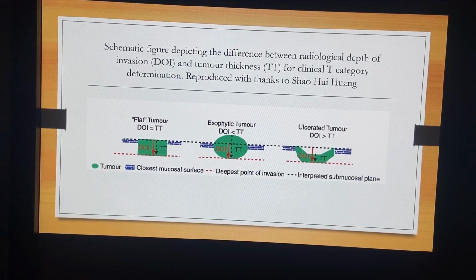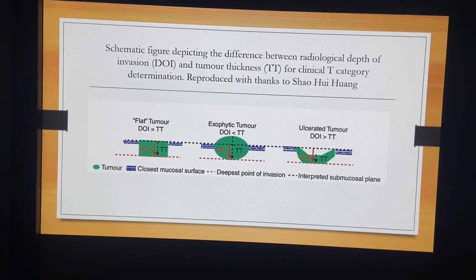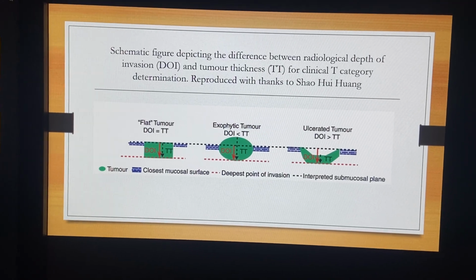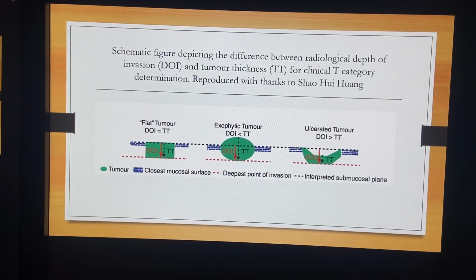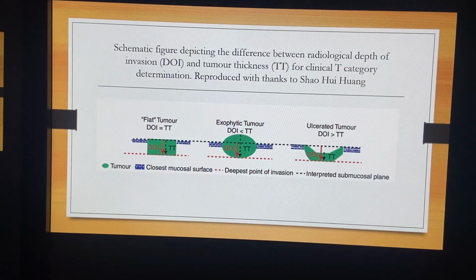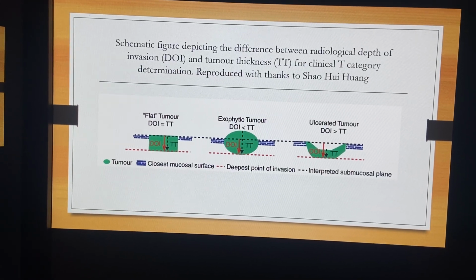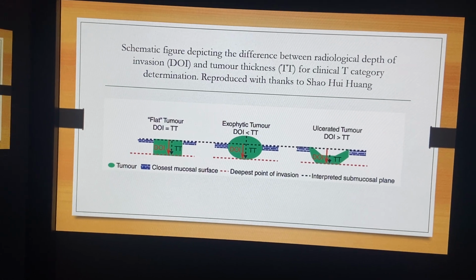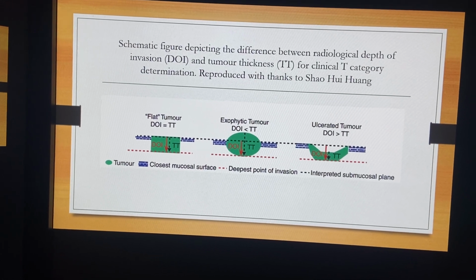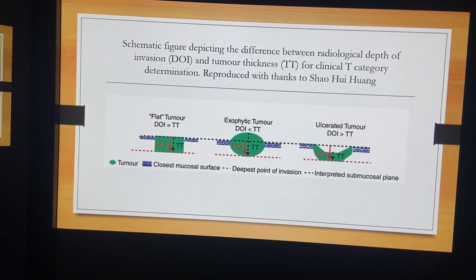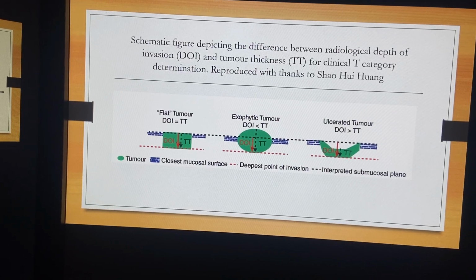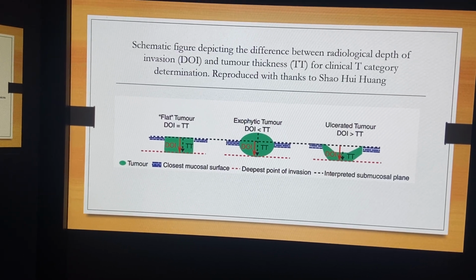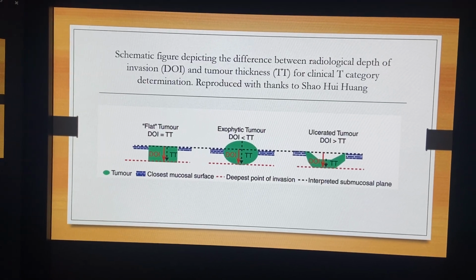So the key difference is that tumor thickness is from the top of the tumor to the deepest point, whereas depth of invasion is from the original mucosal surface to the deepest point of invasion. This means depth of invasion is a better indicator of how aggressive the tumor is and is used directly to determine the clinical T classification in oral tongue cancers.